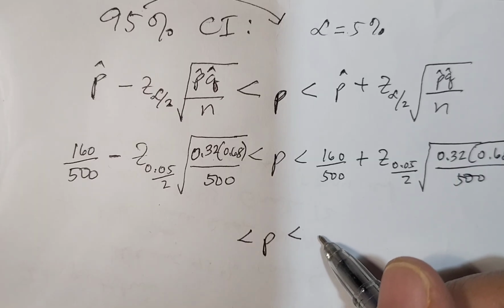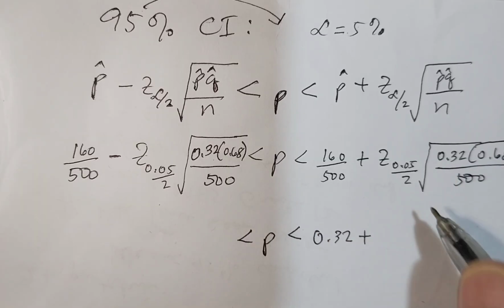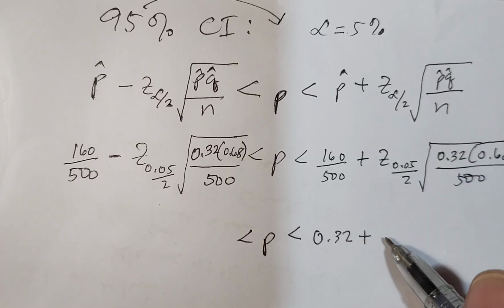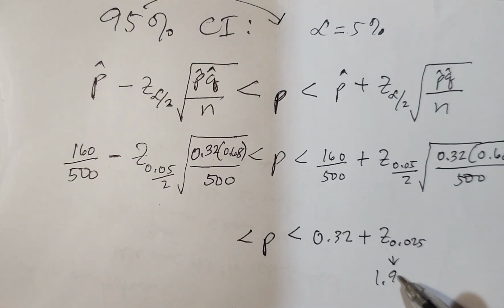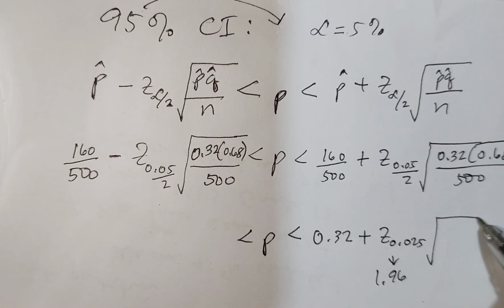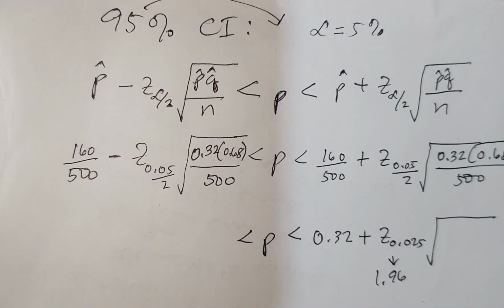So we have here 0.32 plus the Z at 0.05 over 2, which is actually the Z at 0.025, and that is equivalent to 1.96, times this expression here. Let's try to compute that.